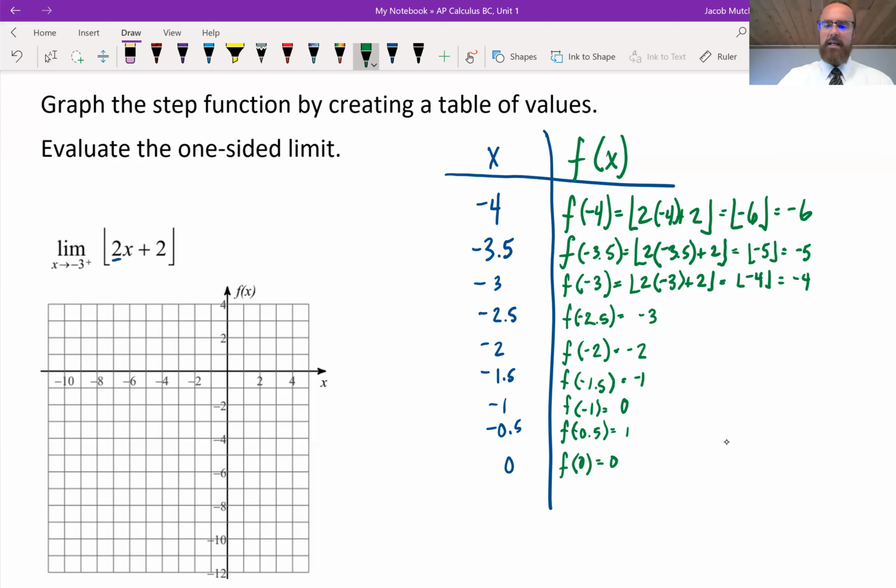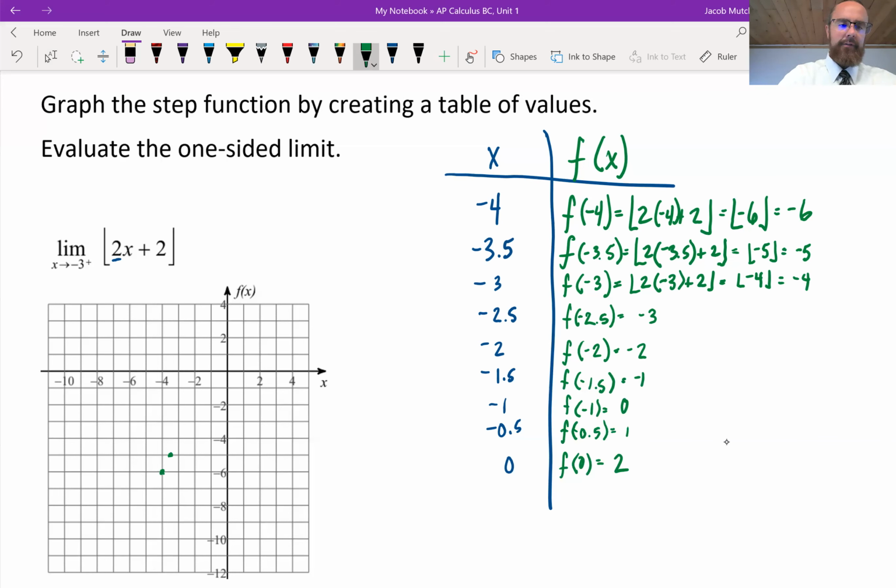Let me fix that last value. I counted down instead of up, so we should go at 2. So let's graph what we have. So at -6, that's at -4. So that is a closed point. It actually equals that. At -3.5, it bumps up to -5.